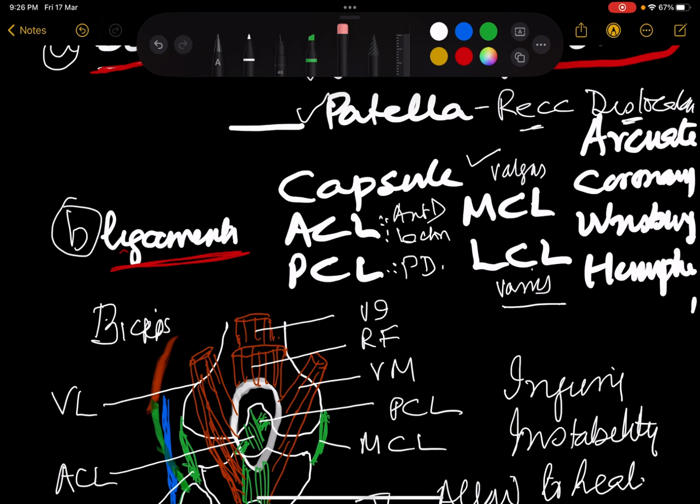Then you have ligaments arising from the posterior horn of the lateral meniscus, which go anterior and posterior to the posterior cruciate ligament, called the ligament of Humphrey and the ligament of Wrisberg.